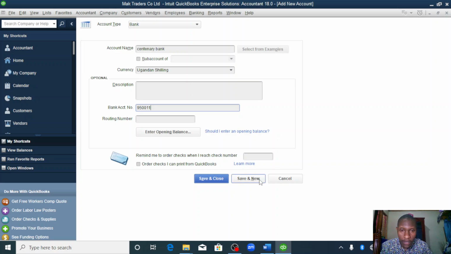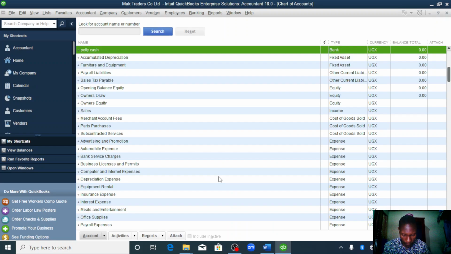We skip here, we go to save and new, we add petty cash, it's not having an opening balance, we save and close.